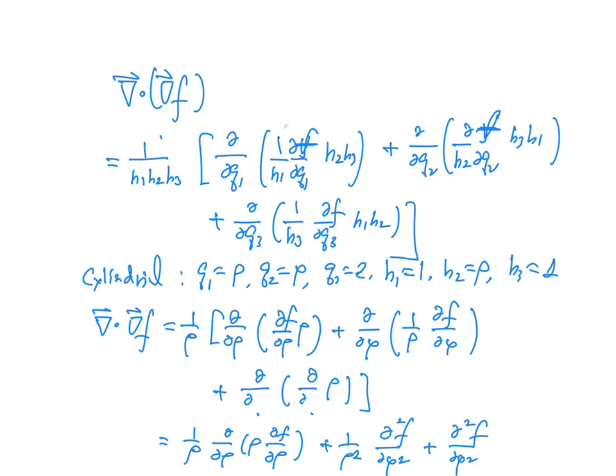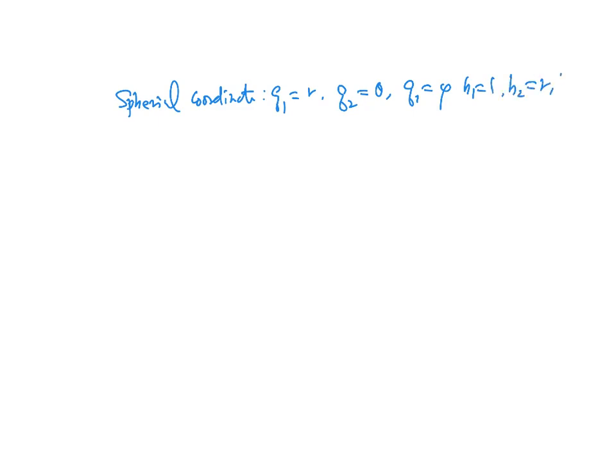And finally, can I move on to the next page? Spherical coordinate. Q1 is R, Q2 is theta, Q3 is phi, H1 is 1, H2 is R, H3 is R sine theta. Okay, so let's just play with our memory without writing down.